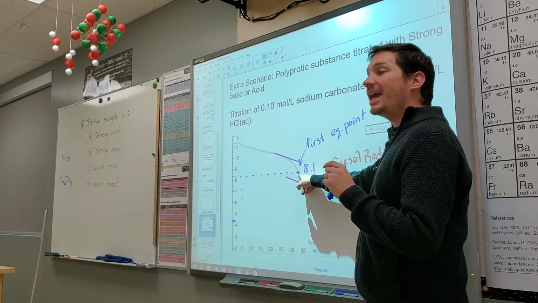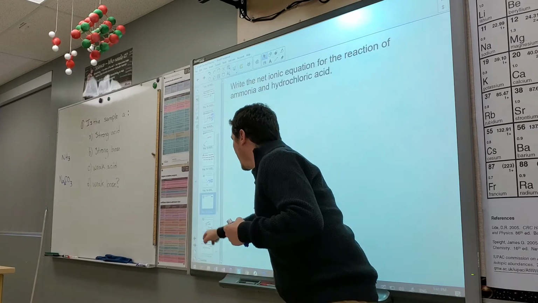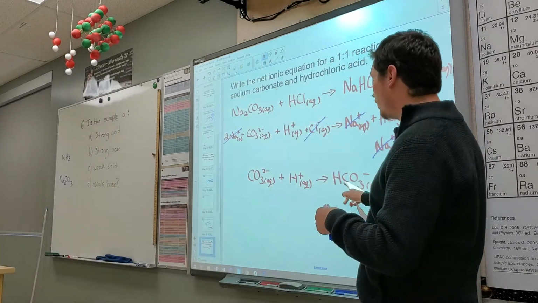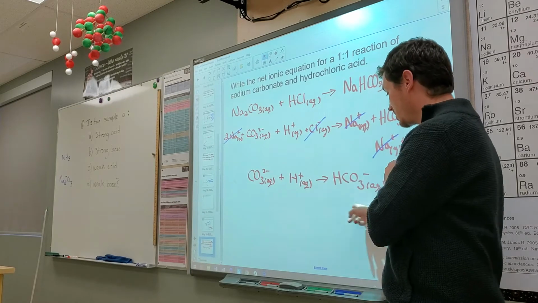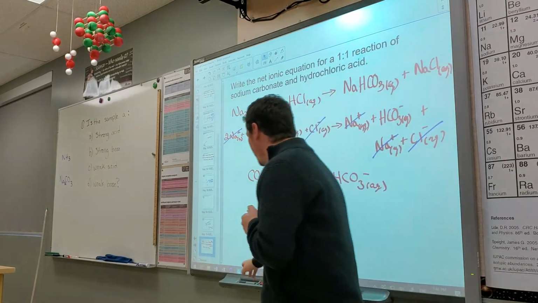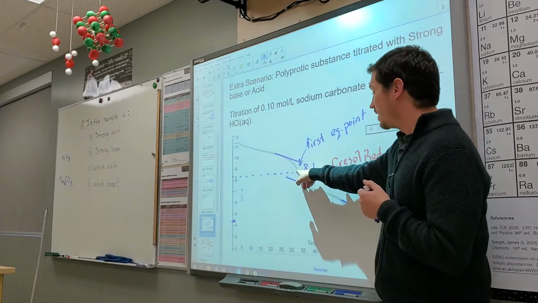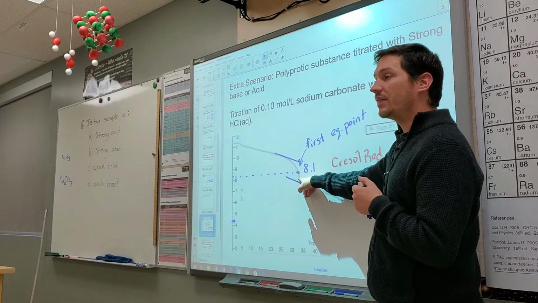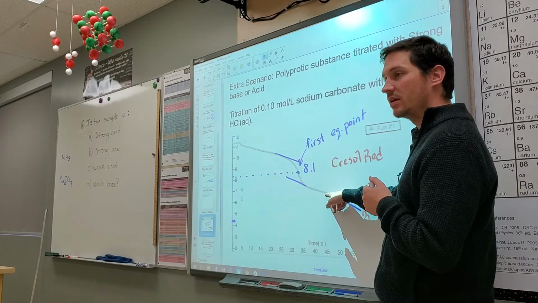When we start adding acid to HCO3, can HCO3 accept another hydrogen? Is it possible for this thing to accept another H+? Yeah. So that's exactly what we get. From here on out, it's only HCO3, and the HCO3 slowly starts to react with H+.